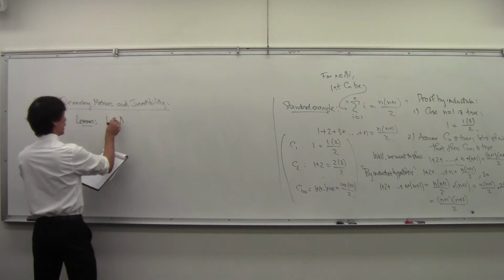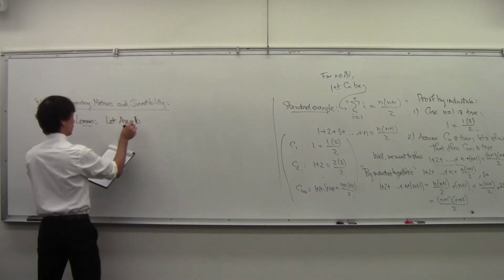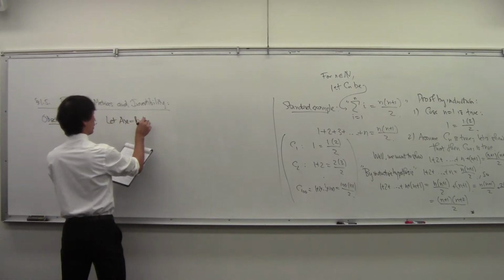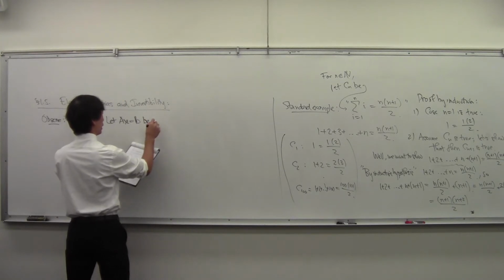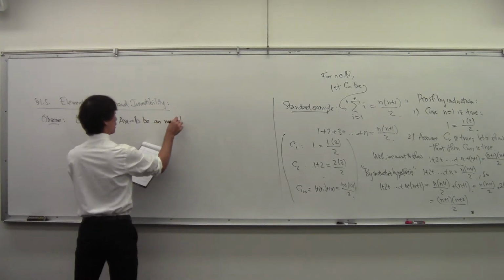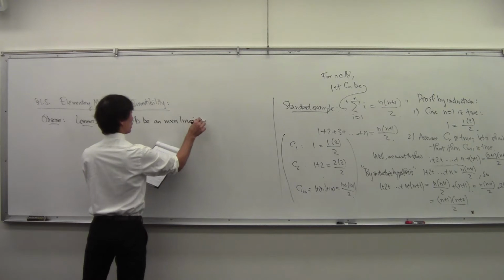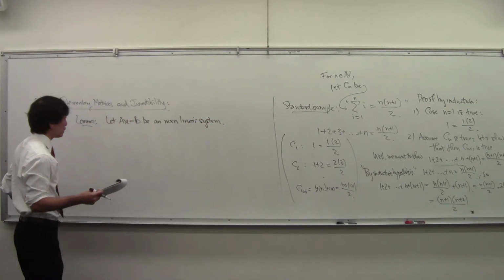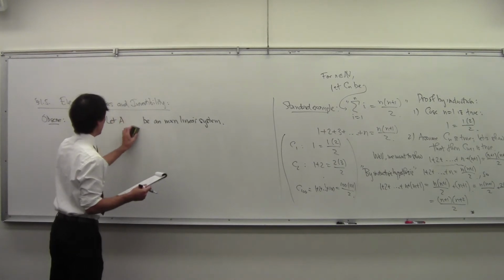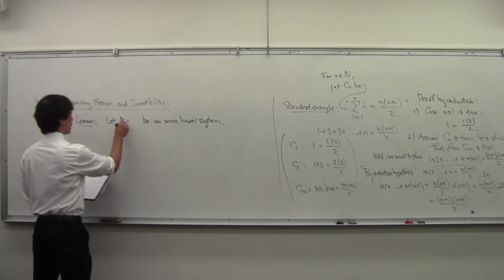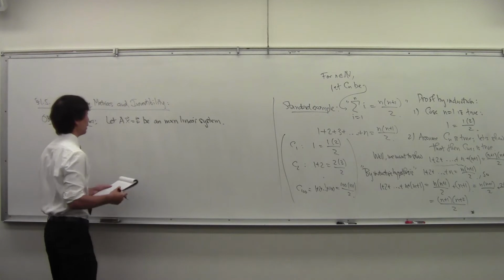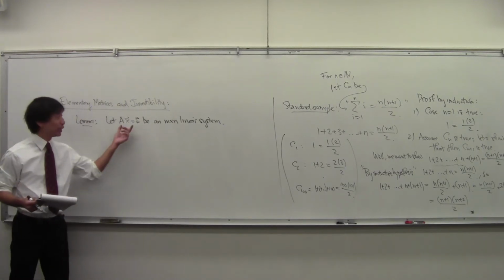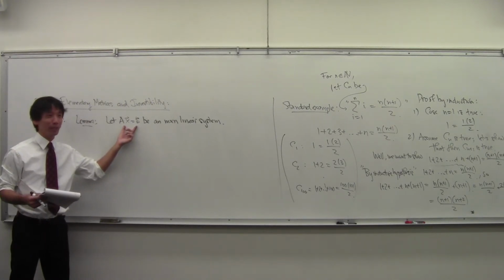Let AX equal B be an n by n linear system. And you notice in my notes, I'm starting to get a little sloppy, and I just write like this. I think at this point I got tired of using bold notation, and figured you know what I mean.